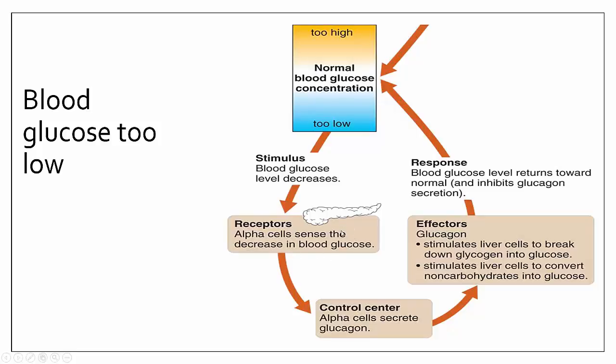They sense that decrease in blood glucose and they stimulate the alpha cells to secrete glucagon. Glucagon is the effector. It stimulates liver cells to break down glycogen into glucose and convert non-carbohydrates into glucose, and your blood glucose level returns to normal, which then inhibits glucagon secretion.